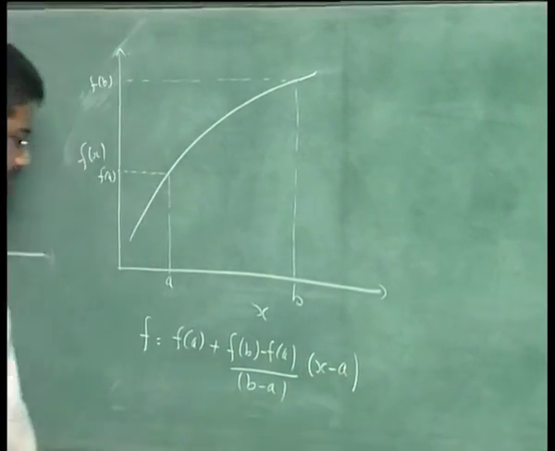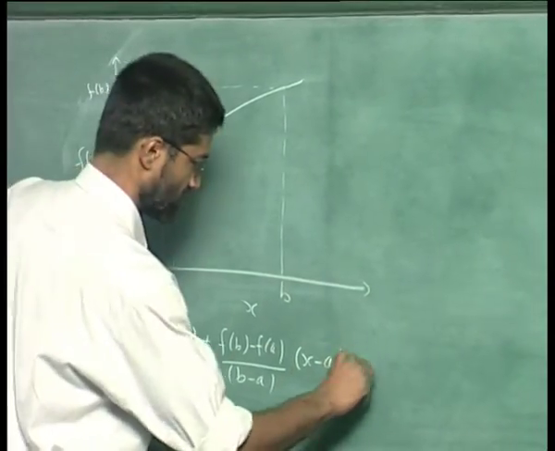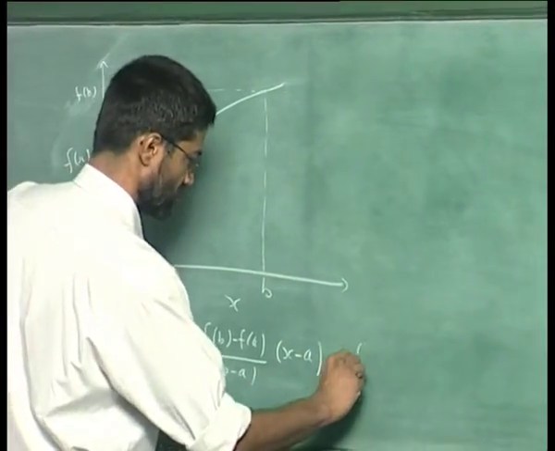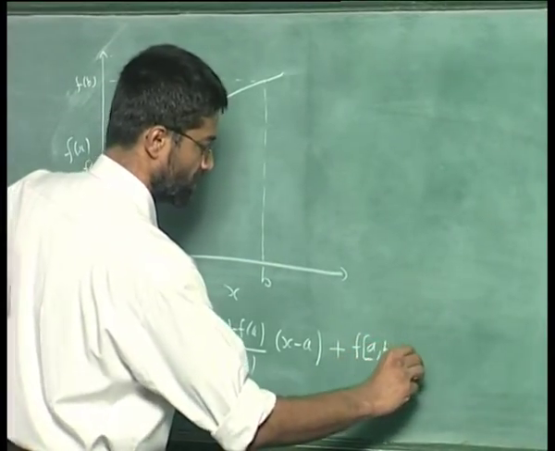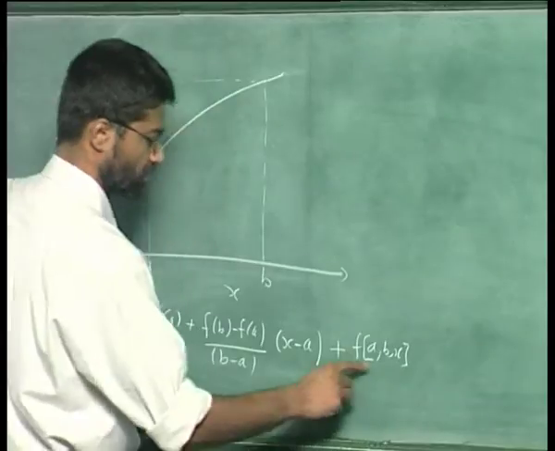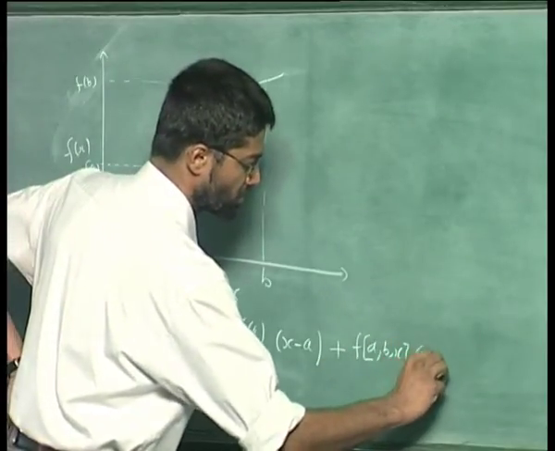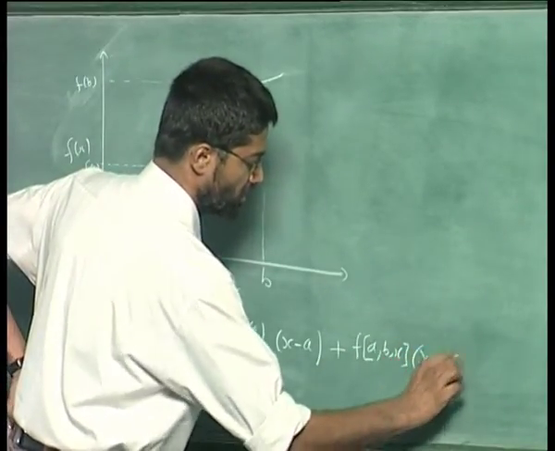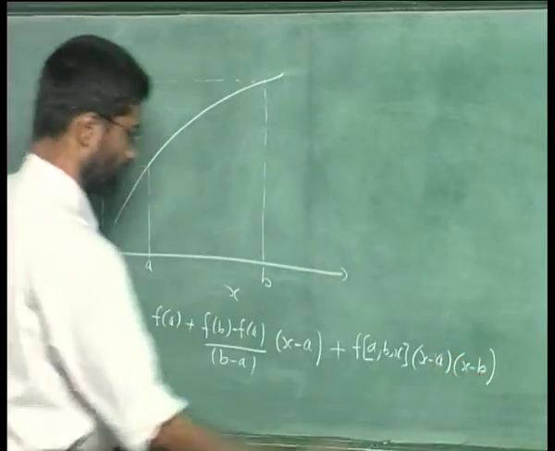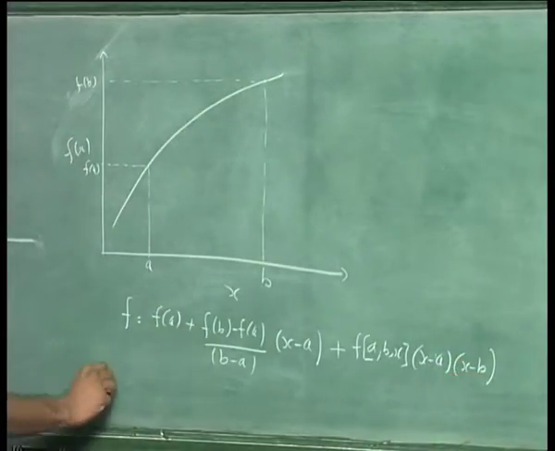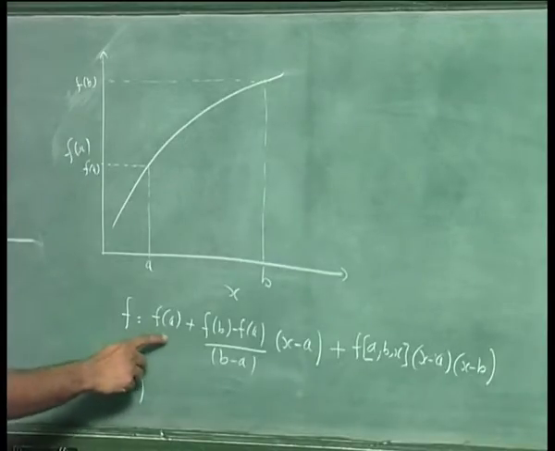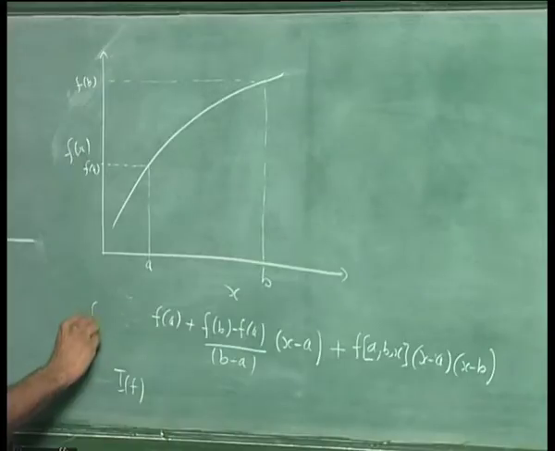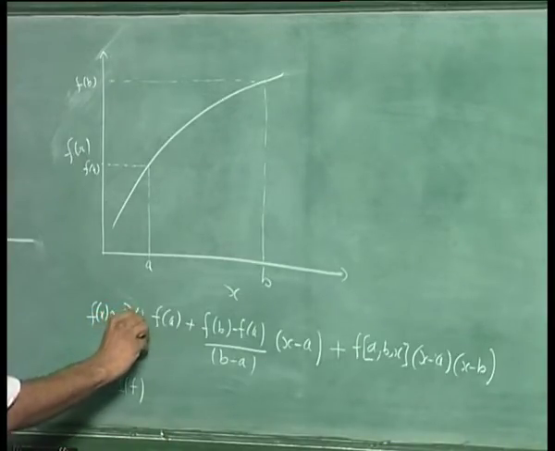Then we have this error term, which is f[a, b, x], a coefficient, times (x minus a) times (x minus b). So that's a polynomial. Now this is an approximation to the function, so I should write f of x approximated by p1 of x equal to that.